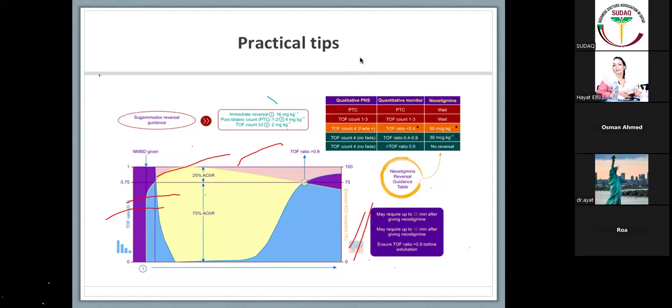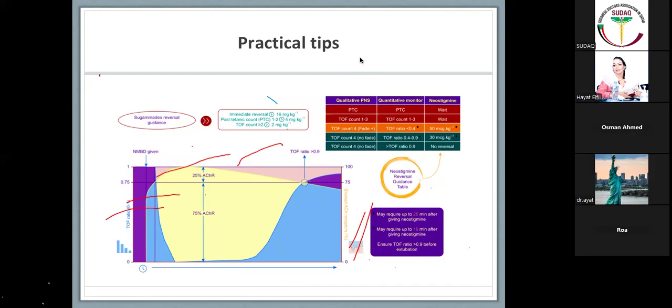Clinically, the hand grip and lifting the head are all important. But if you are sure that the patient still has a residual block, then you have to anesthetize the patient. That is the most important.